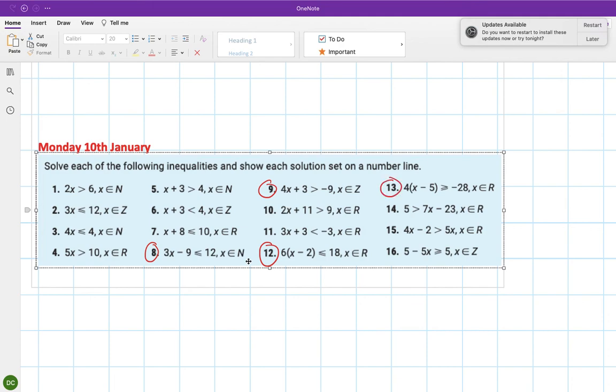Yeah, those 4. Okay, so you need to solve them, and then you need to put them on a number line. Okay, each one, you're told which set it comes from. So those 4 questions for homework, please. Okay, and hopefully I'll see you on Thursday.